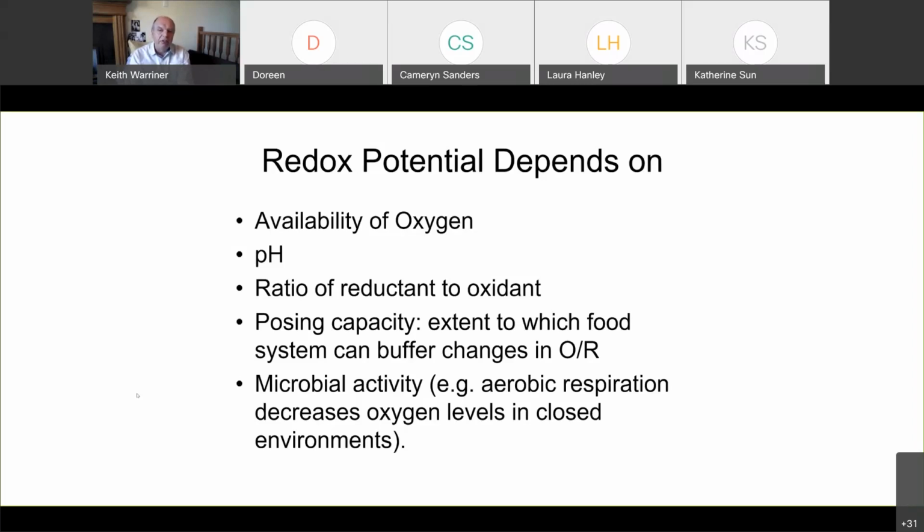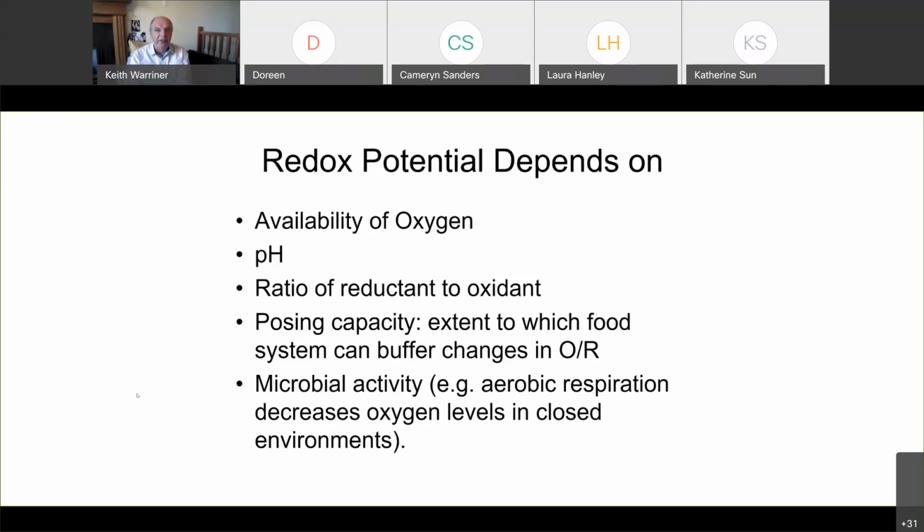Then there's the ratio of reductant to oxidant. We put reducing agents in food products, so if you've got more reducing agent than oxidizing agent, obviously it's going to be a negative redox potential. Also the poising capacity, i.e. the antioxidants. If you're a food scientist, you know about antioxidants like vitamin E and vitamin C, ascorbic acid.